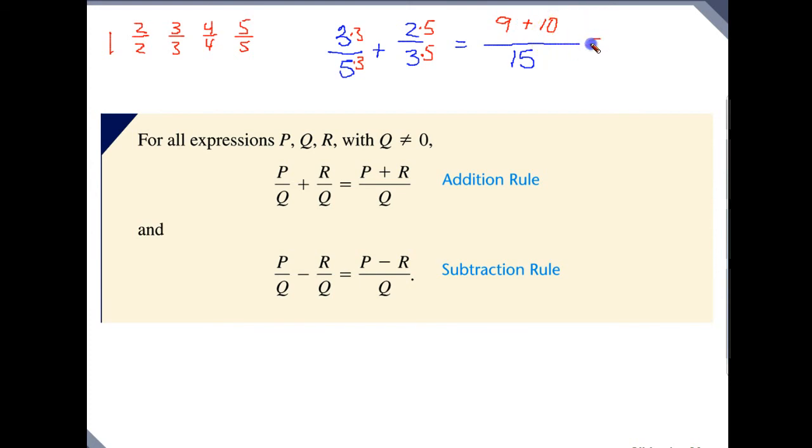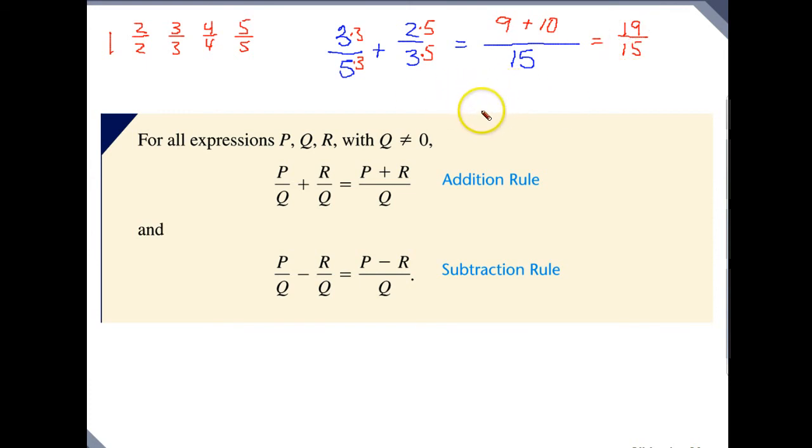So this then becomes 19/15. By the way, this is a fraction. It's also sometimes called a ratio. Sometimes it's called a quotient. That's what this is. And for subtraction, it's the very same.